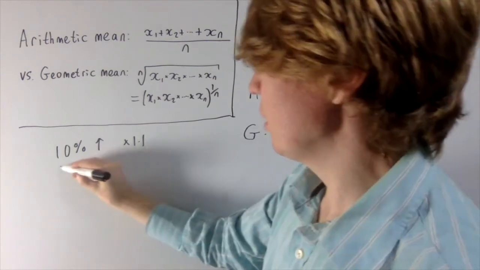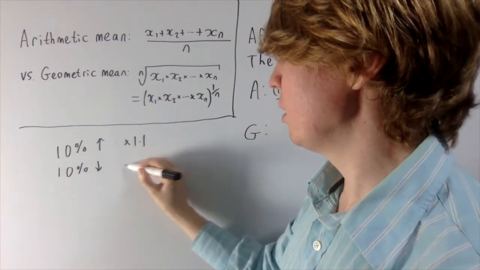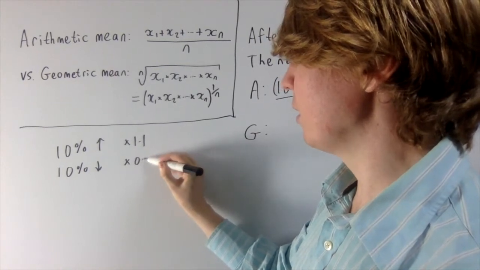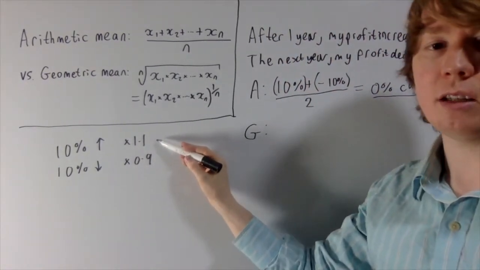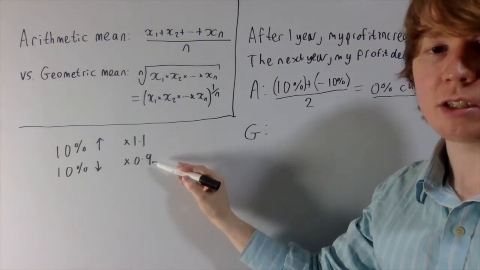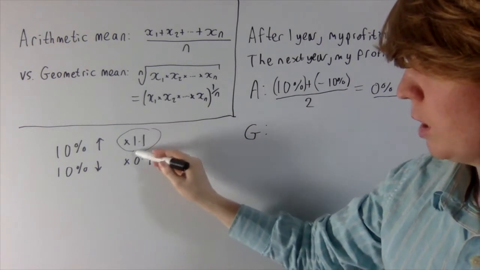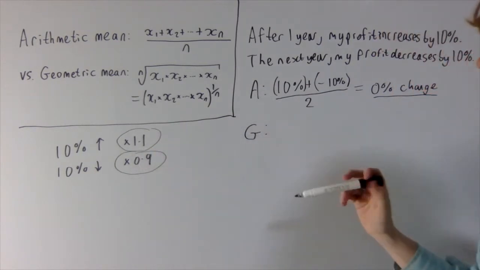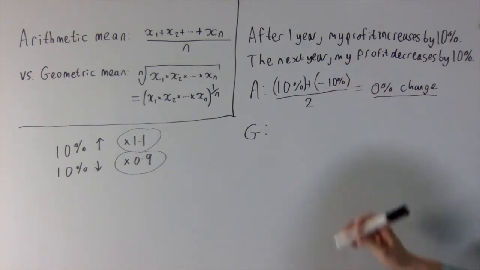And then if you have a 10% decrease, this is the same as multiplying by 0.9. So here you've got 110% of what you started with, here you've got 90% of what you started with. So we can actually compare these multipliers here, and this is how I'm going to use the geometric mean to make sense of average change to my profit here.